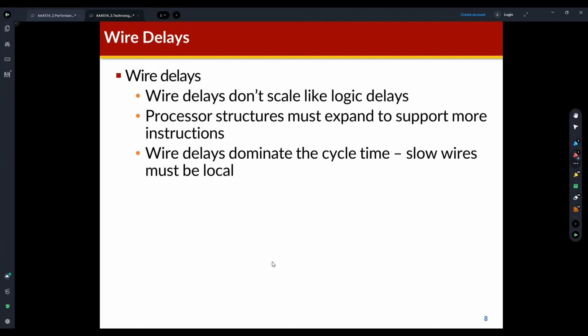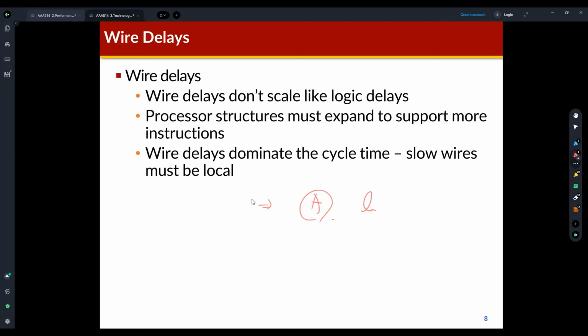But wire delay is different. A CMOS transistor is a semiconductor, but a wire is just metal, like copper or aluminum. So the wire delay is determined by the area and the length of the metal layer.